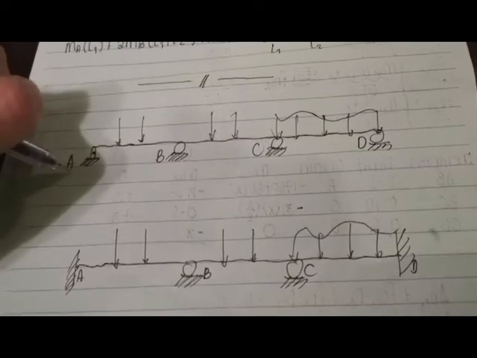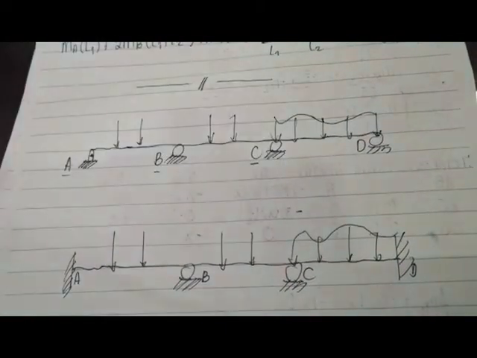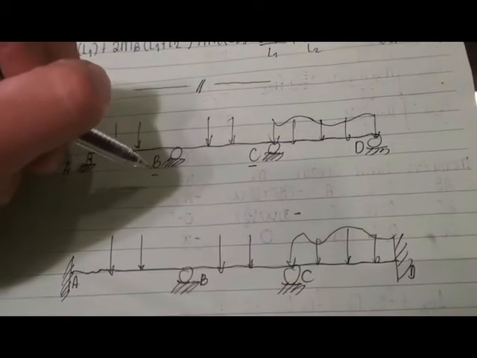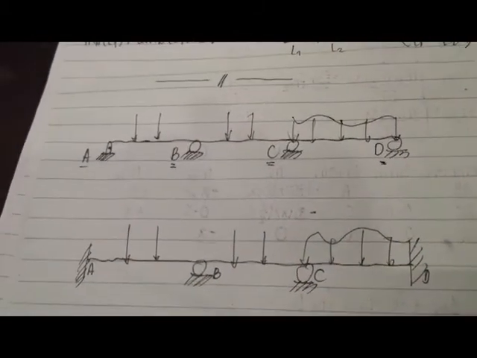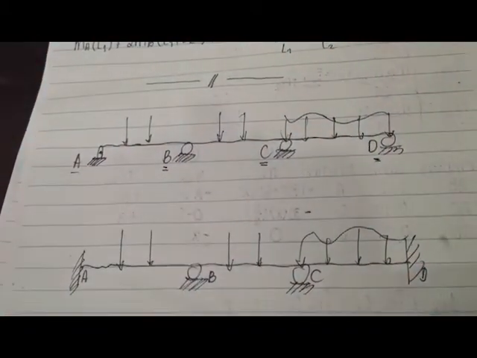So assuming M sub A, M sub B, and M sub C, that is one equation, and B, C, and D is another equation. But you have to take note that points A and D are both simply supported.